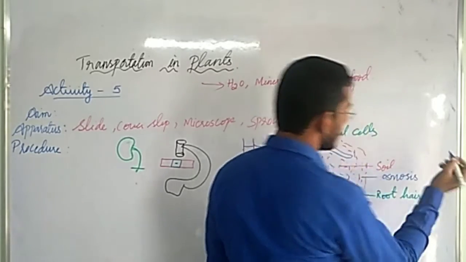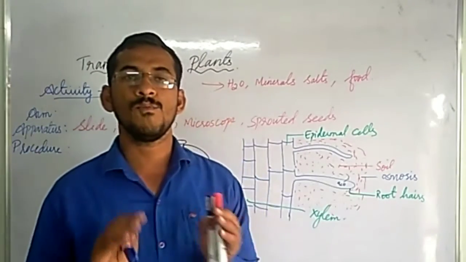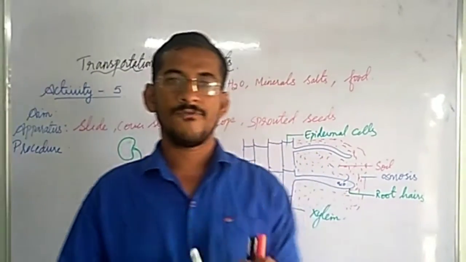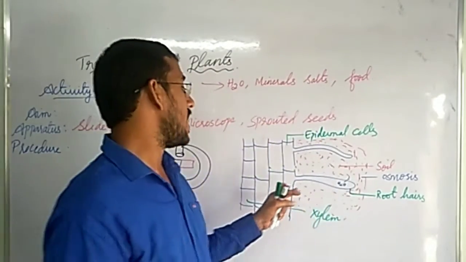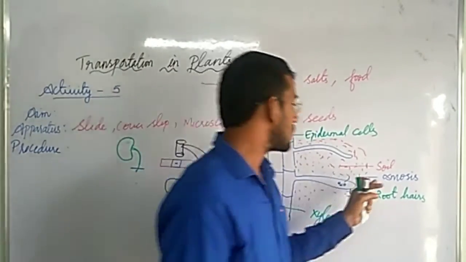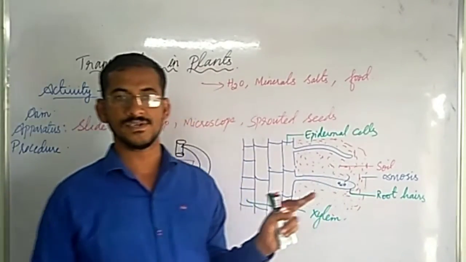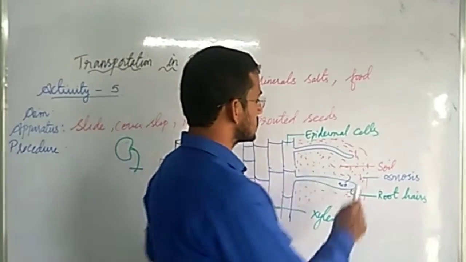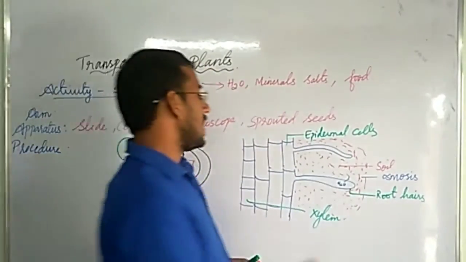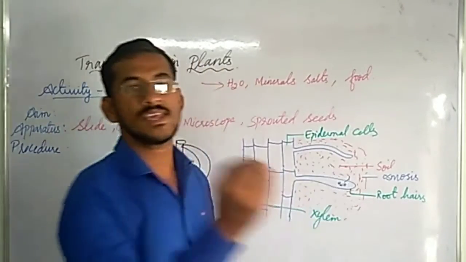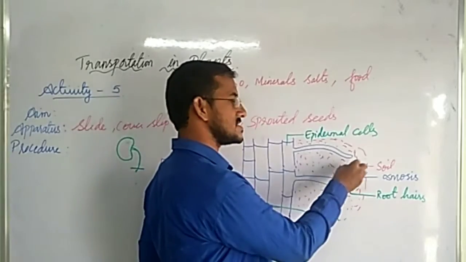In 9th class, you have studied about osmosis. What is osmosis? The movement of molecules from low concentration to high concentration. Why here? Because more water is present in the soil and other substances in this water are less, it is more diluted. That's why concentration is very low.